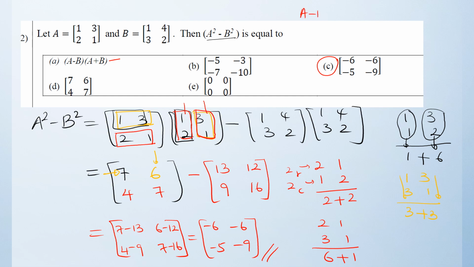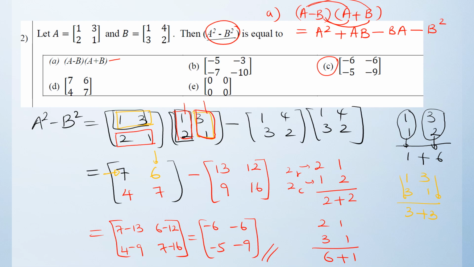So let's simplify this and check whether we can get the same result, A squared minus B squared. When we simplify this, A into A, we have A squared, and A into B, we have plus A on the left hand side, B on the right hand side. B into A, negative, B on the left hand side, A on the right hand side. B into B, again minus, B squared.